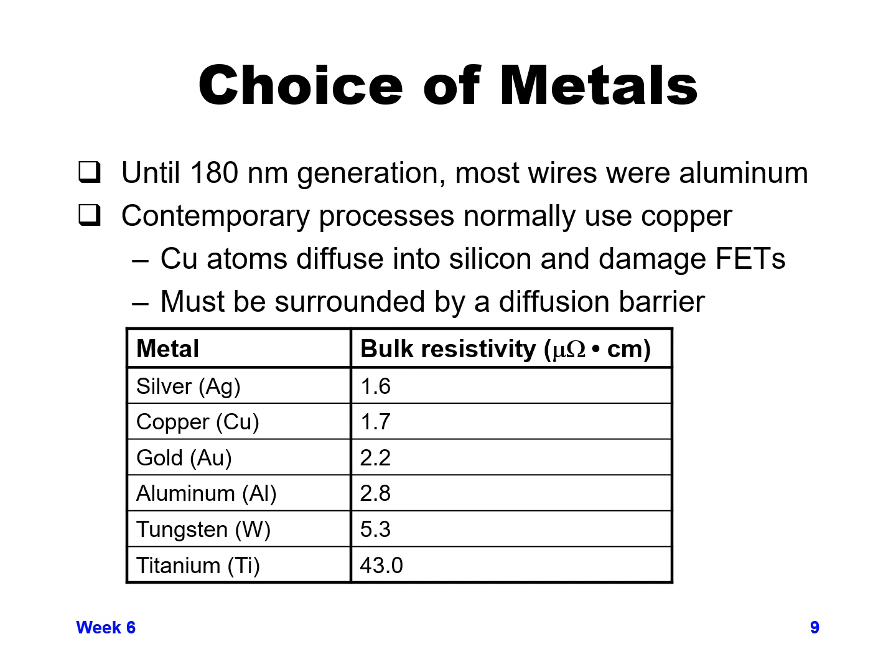So as I was talking about last week, as far as metals that we can use in integrated circuit technology, up until approximately the 180 nanometer generation, most wires were made of aluminum. It's a pretty good metal as far as resistance goes.